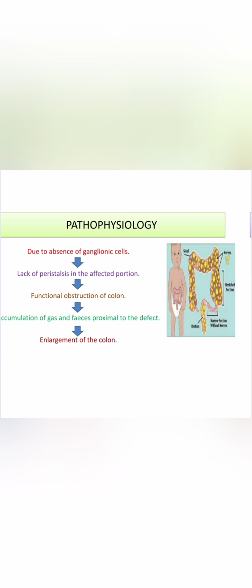So functional obstruction of the colon occurs, and gas and fecal matter accumulate there. So an enlarged colon develops. That is called Hirschsprung disease.